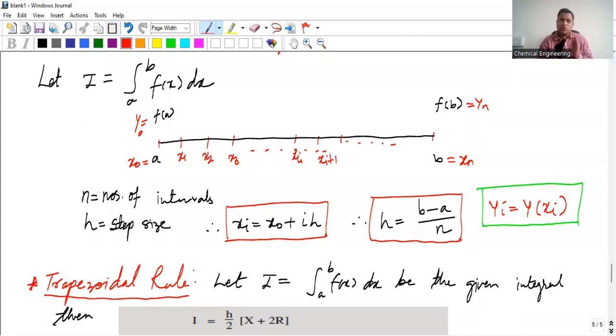And how many smaller parts are we making? We are making n smaller parts. So these n smaller parts are called subintervals of the interval AB. Got it? Yes, sir. Thank you, sir. Okay, that's good.